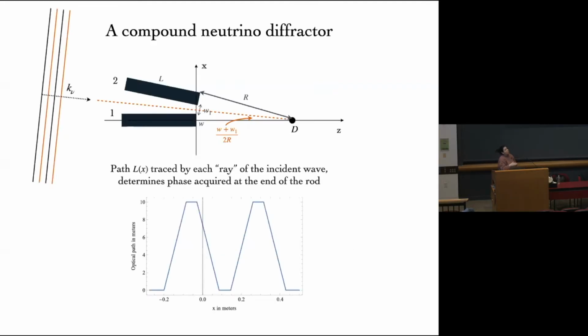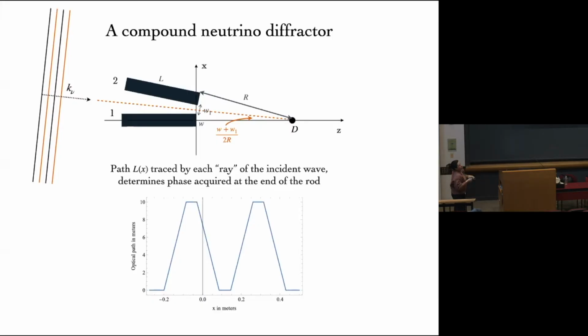So what you do is apply the same procedure. In order to calculate what happens when the ray comes in between, you take the wave, and here it comes. This is the extreme case where it comes right smack in the middle between two sticks.